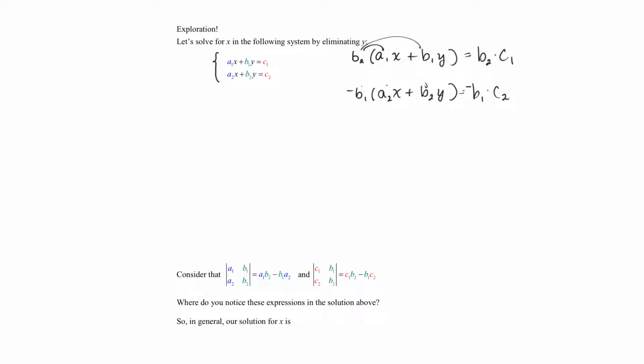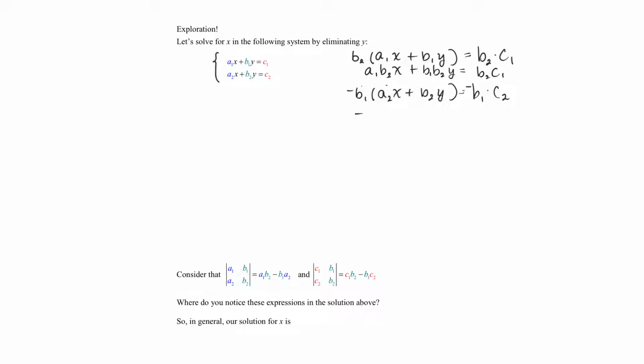So let me go ahead and do that distributing. When I distribute, I'm going to put them in alphabetical order. I'm going to get a sub 1, b sub 2x plus b sub 1, b sub 2y equals b sub 2, c sub 1. And I'm going to do the same thing in the second. I'm going to distribute.